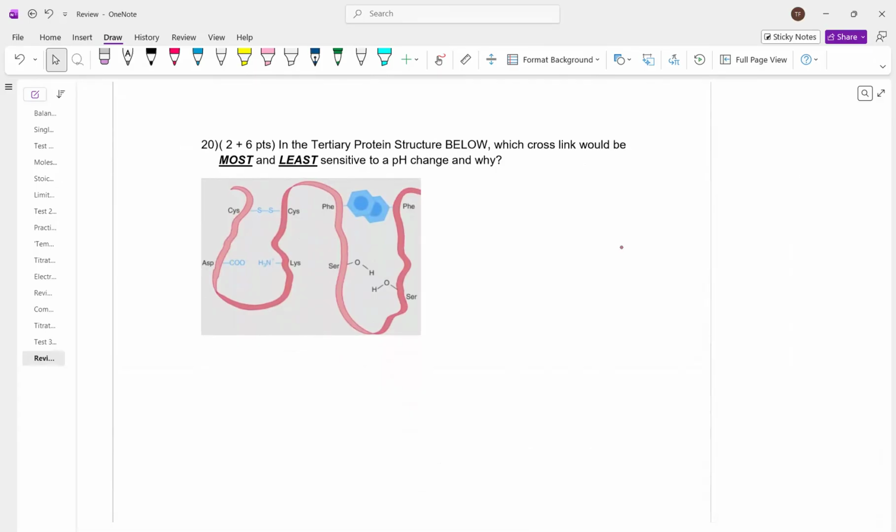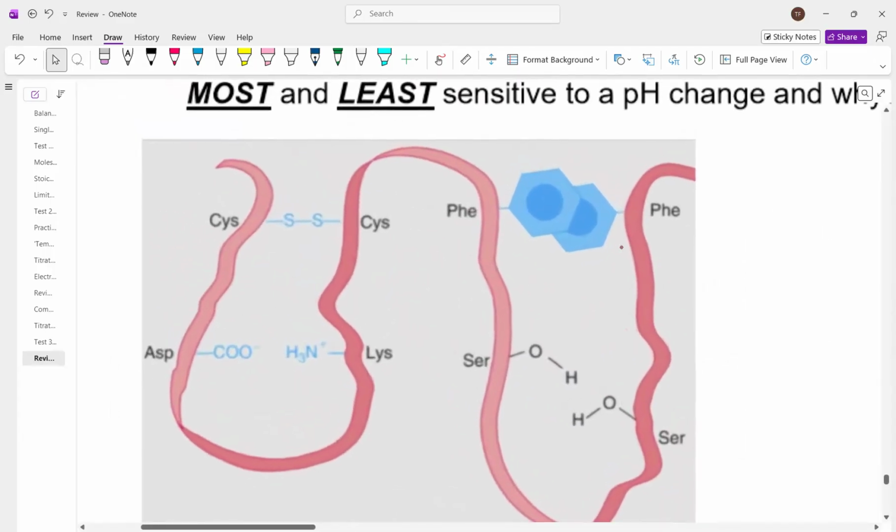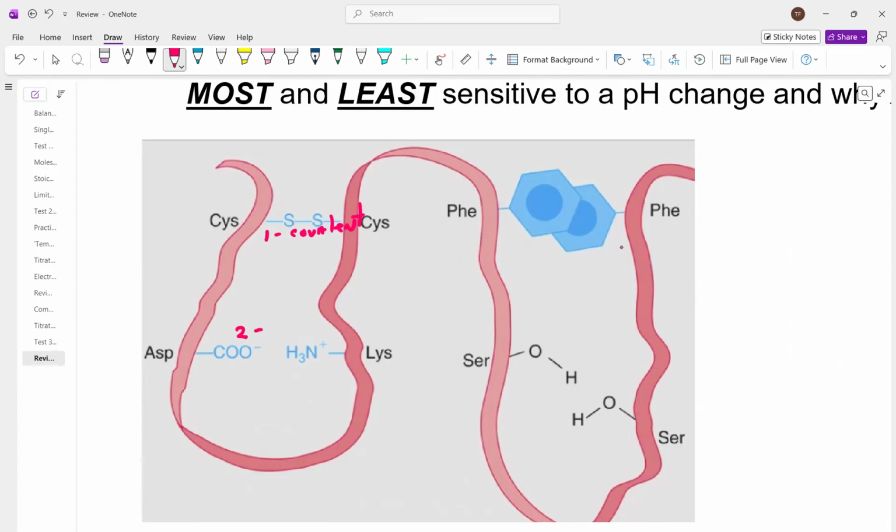Here are the crosslinks in a typical protein. And I want you to pick the one that's most strong and the one that's least. Okay, so this is strongest, and it's the reason why it's covalent. Covalent bonds are stronger than ionic bonds. This is ionic, so it's strong, but not as strong as the covalent one.